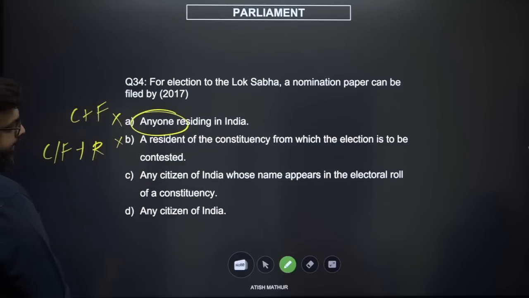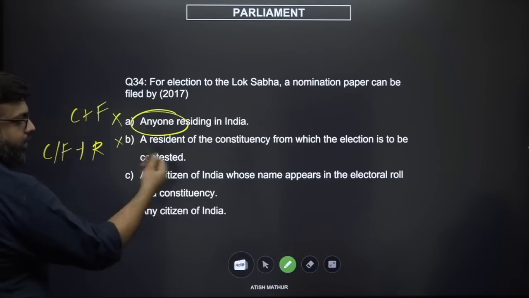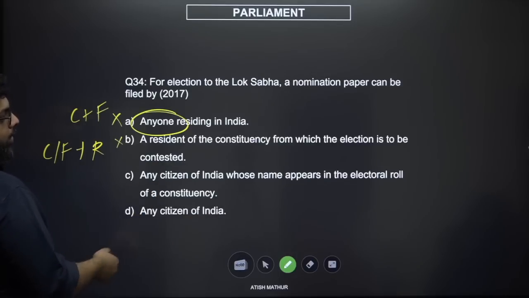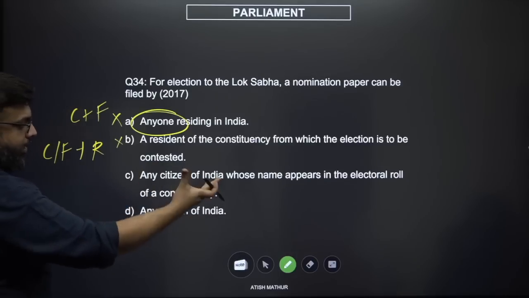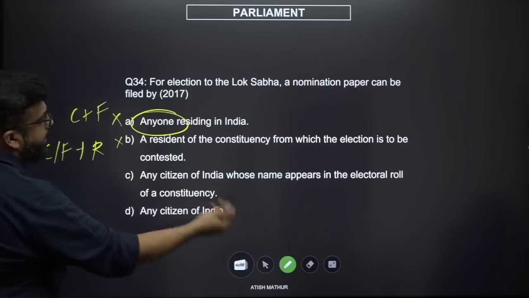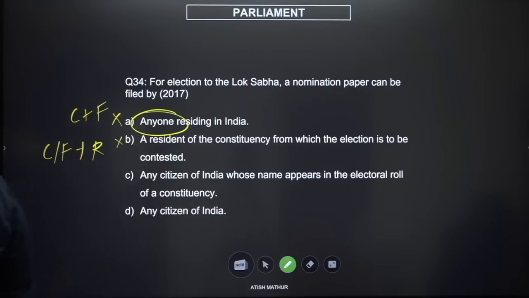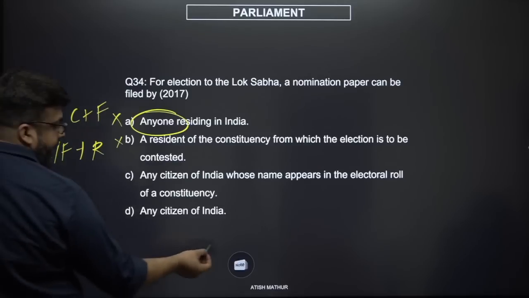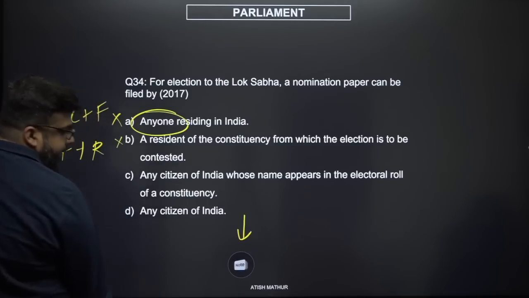Any citizen of India whose name appears in the electoral roll. Your name would be in the electoral roll only and only if you are eligible to vote, but we'll come to that. And any citizen of India. Now your option is any citizen of India. This could be of any age also, right? Below 18 also is a citizen of India.